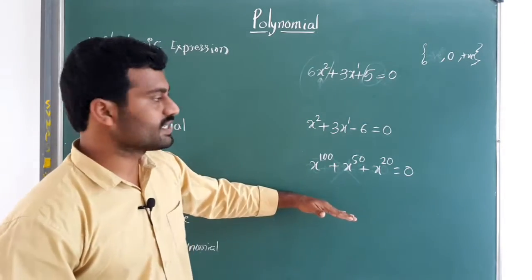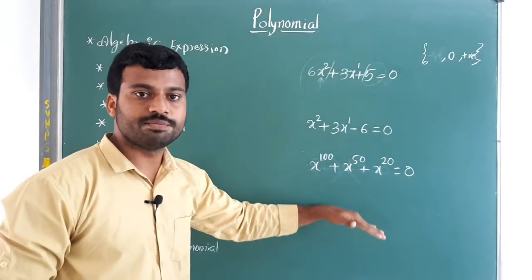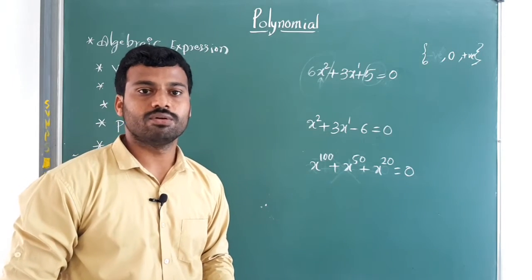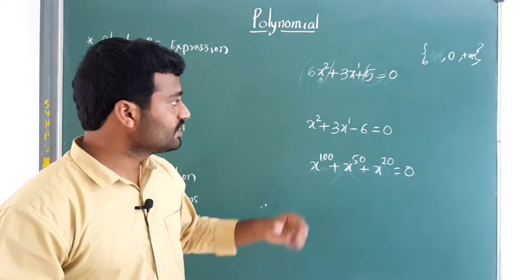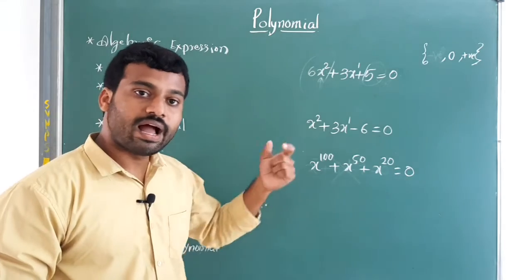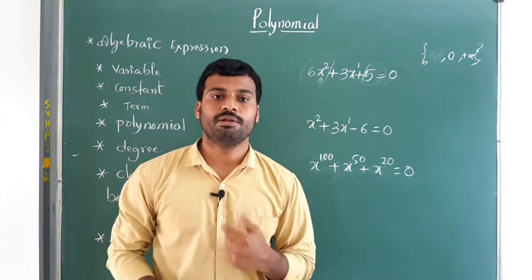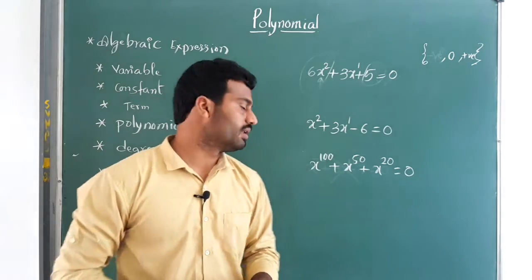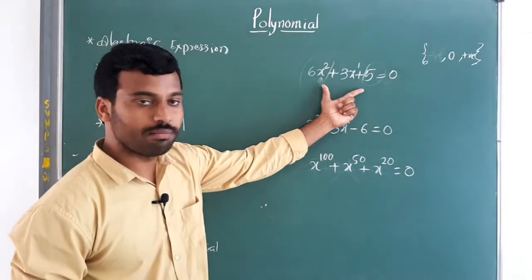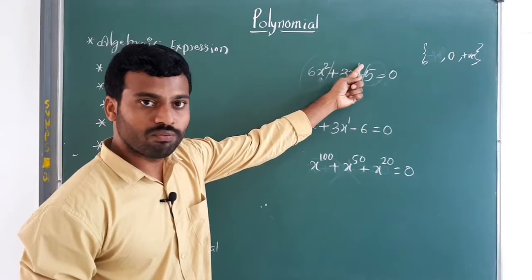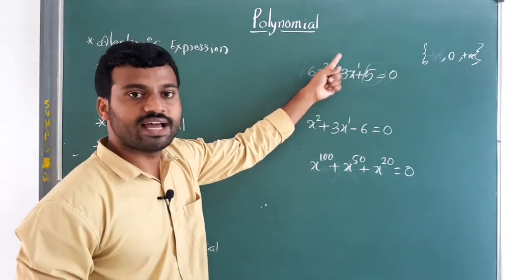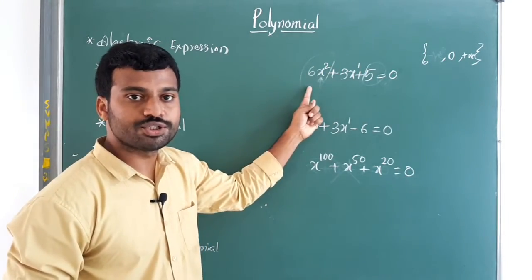If they ask what are the degrees of these polynomials, then what you have to do is just find out the highest power in the given polynomial for the variable. See, you take this polynomial here, x to the power 1, x to the power 2. The highest power in this polynomial is 2.